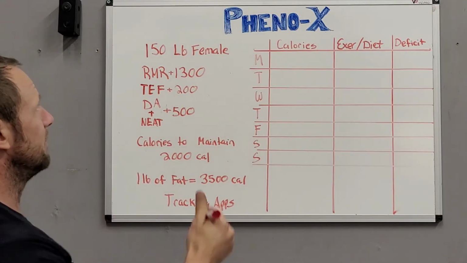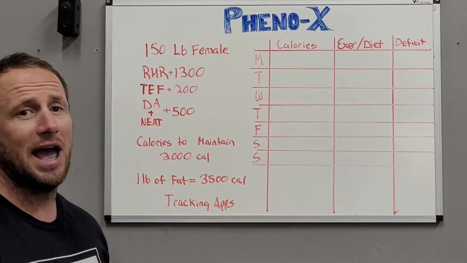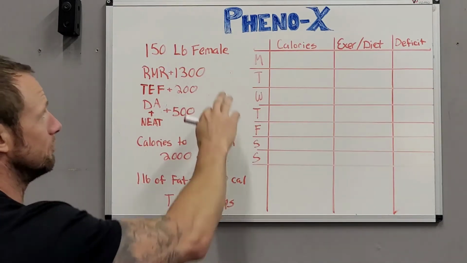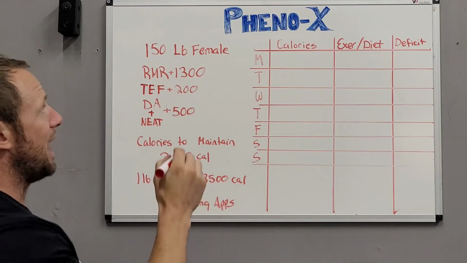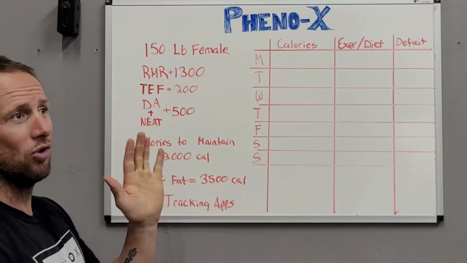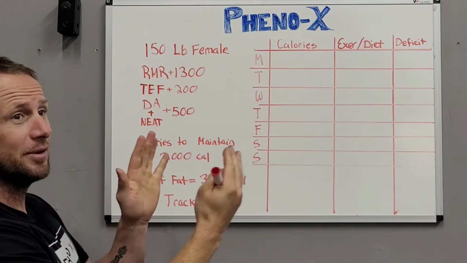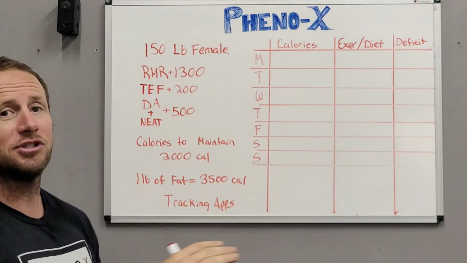But cumulatively, for the average female, and I actually have an indirect calorimeter which measures your metabolism, your resting metabolic rate, so I've seen hundreds of these, the average with females is really only about 1,100 to 1,400 calories. There's a pretty small variance even though the body sizes are much different.